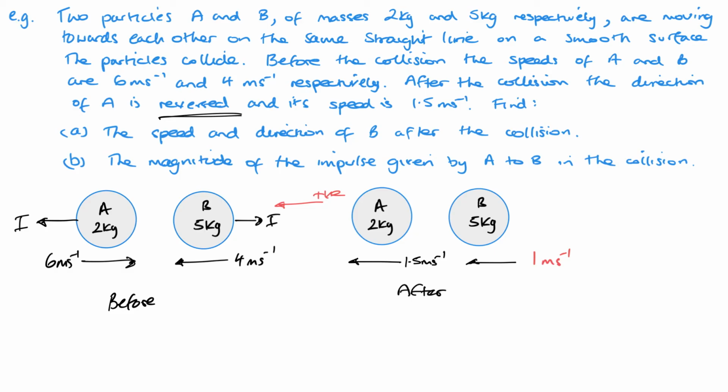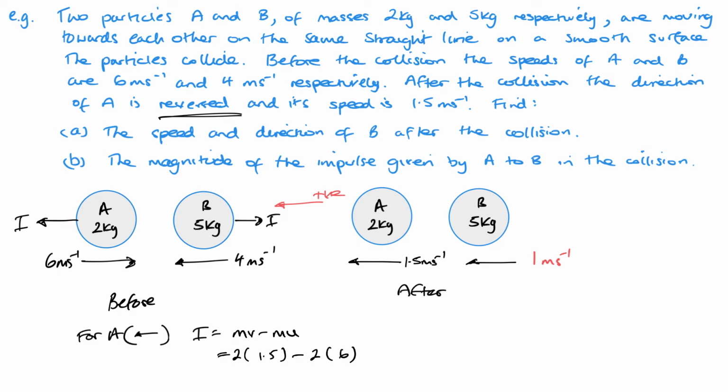So if I'm thinking of the impulse of A, and the impulse is going in that direction, the right to left direction, isn't it? So impulse, and this is change in momentum, isn't it? So we've got 2 times my 1.5 minus 2 times my 6.